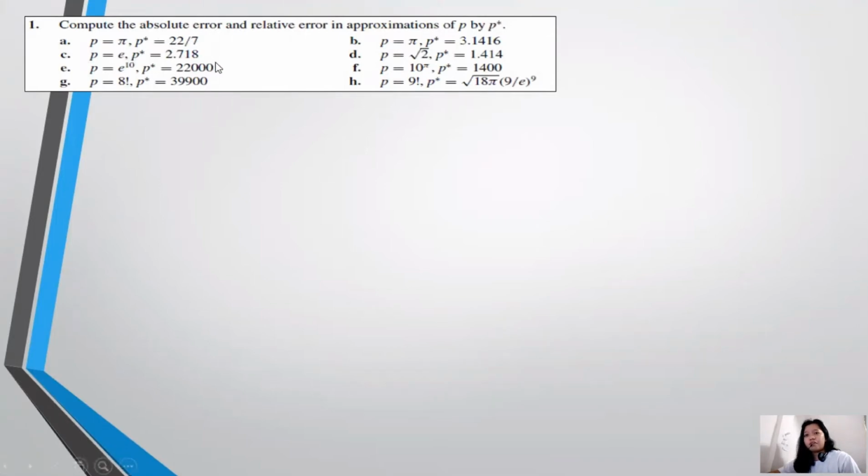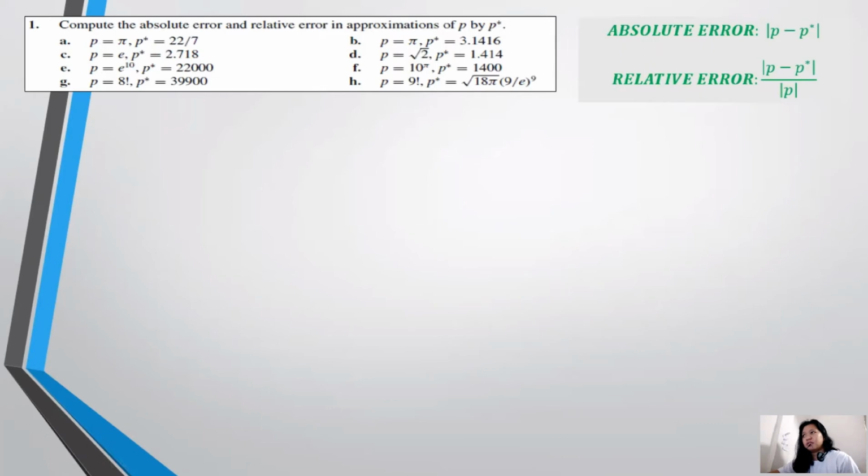The absolute error is the absolute value of p minus p*, and the relative error is the absolute value of p minus p* over the absolute value of p. As we all know, the p here is known as the exact value, and p* is known as the approximate value.